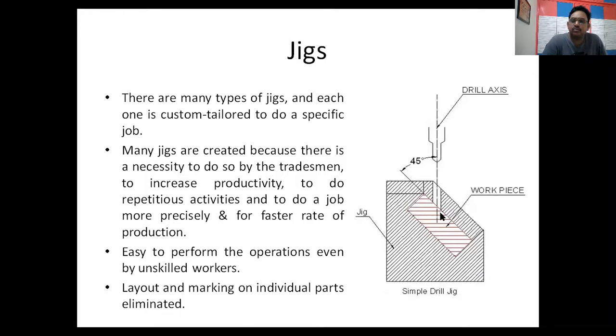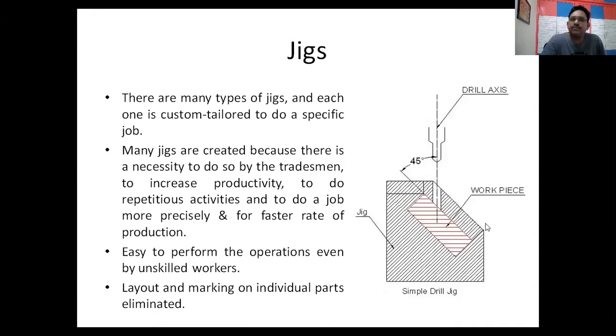I will go through the drilling operation. It's very easy. Just take off the cap of the jig, insert the workpiece, close the cap, perform the drilling operation, and you repeat the same thing.